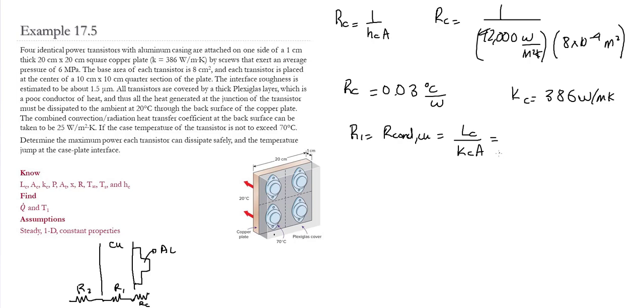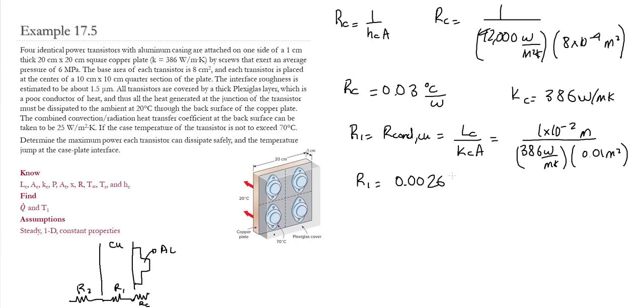And the area is going to be only for one section. Notice that we're doing one section at a time, so it's going to be 10 by 10. So we replace the values: 1 times 10 to the negative 2 meters, the value of K is 386 watts per meter Kelvin, and once again, the cross-sectional area is 0.01 meters square. That gives us that the value of R1, or your conduction resistance, is 0.0026 Celsius per watt.